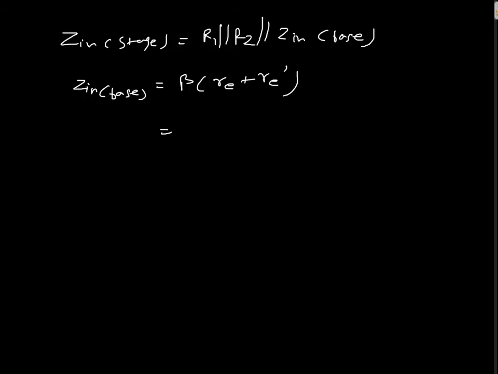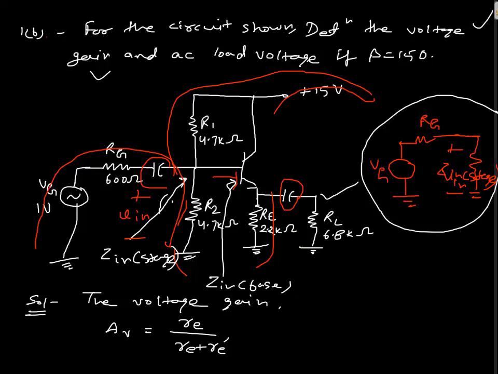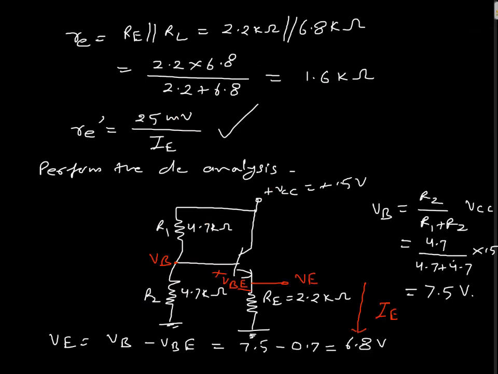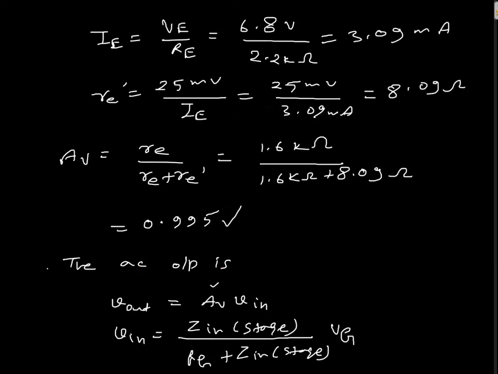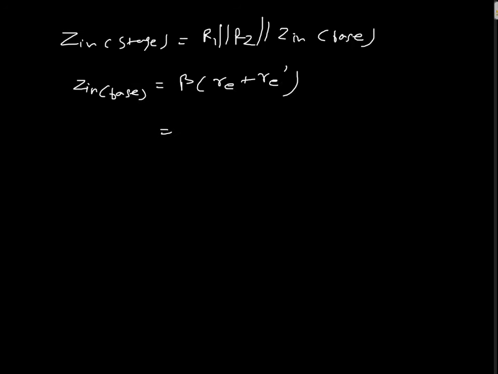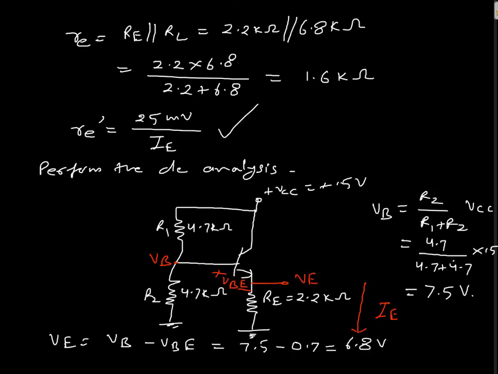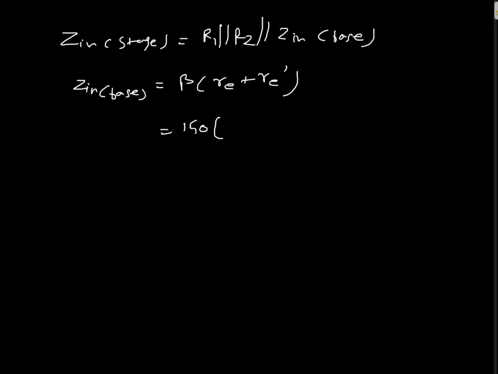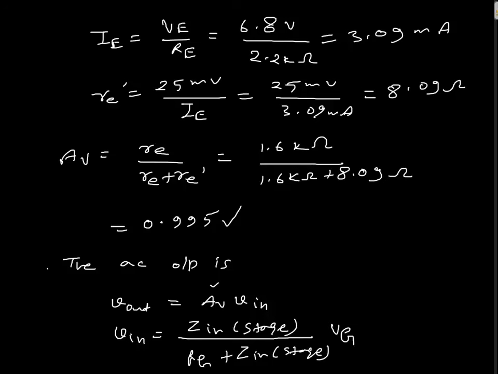Now all values we know. Beta is given as 150, Re is 1.6 kilo ohm, and Re prime is 8.09 ohm. Let's put all these values here. So it is 150 times Re, which is 1.6 kilo ohm, plus Re prime, which is 8.09 ohm.